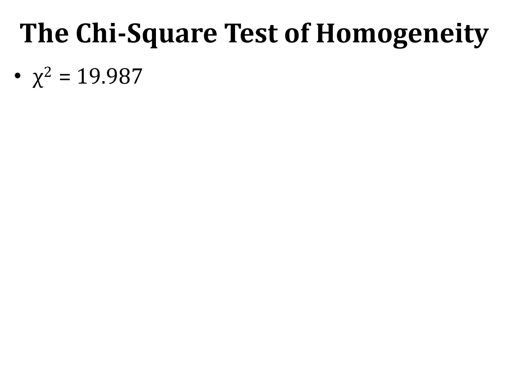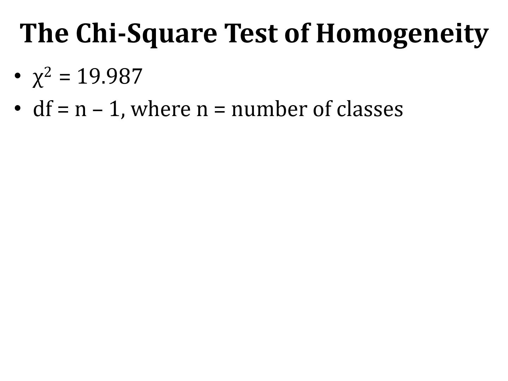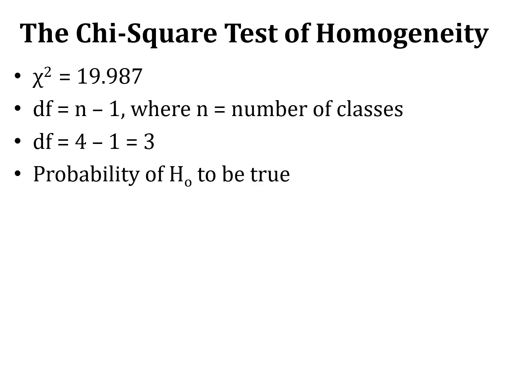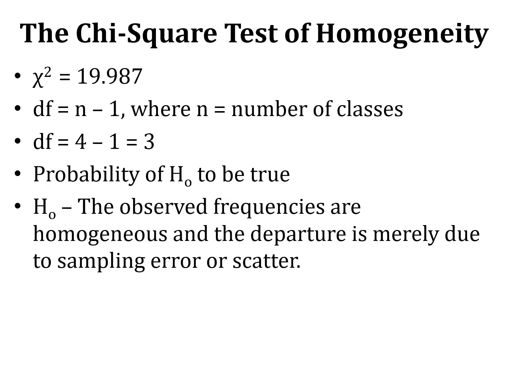Now our calculated value is 19.987. So what should be the next step? The next step is to see the degree of freedom, which is n minus 1. N is the number of classes, so n minus 1 is 3. Then we see what the probability of the null hypothesis being true is, and for that purpose we compare our calculated value with the table value.